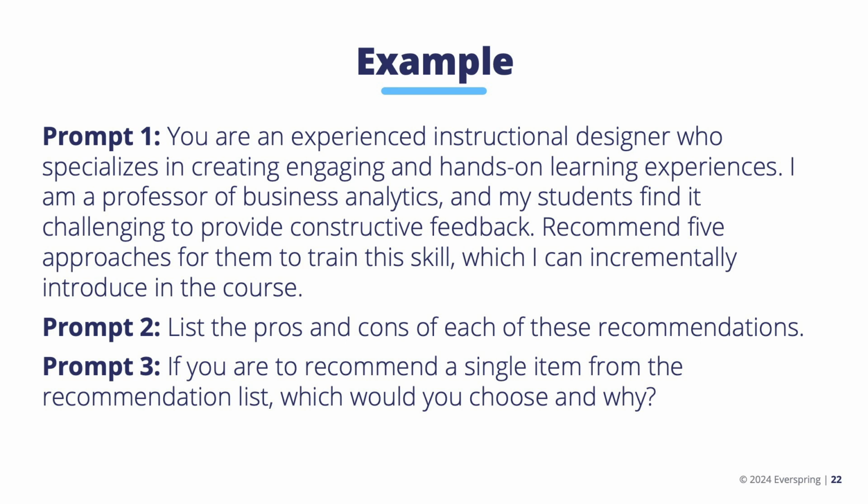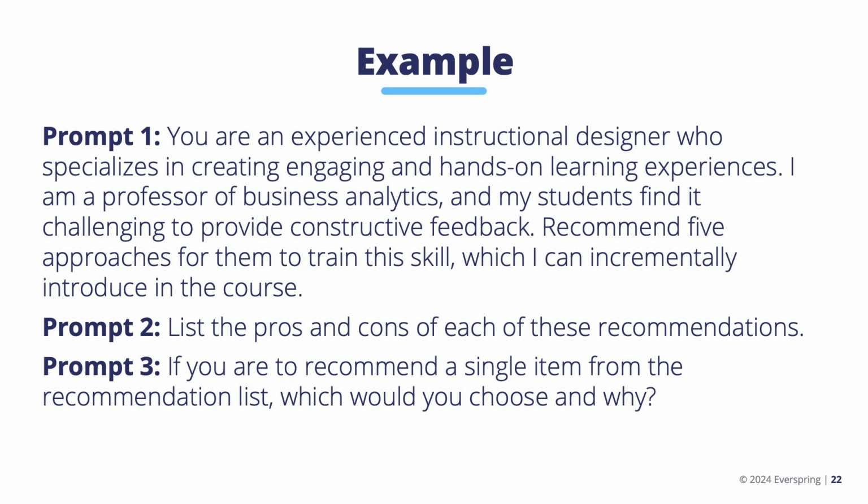In the familiar example, we begin by identifying a challenge and defining goals: how to incrementally teach students to provide constructive feedback. Next, we break it down into tasks by asking the AI to list pros and cons of each recommendation. This step encourages a deeper exploration of each option, helping to weigh the benefits and drawbacks.